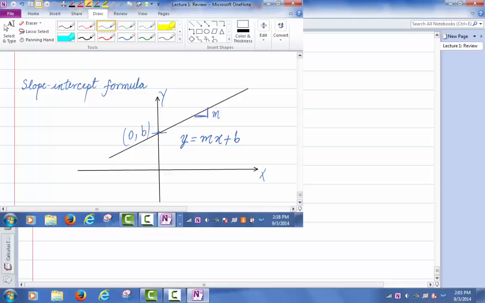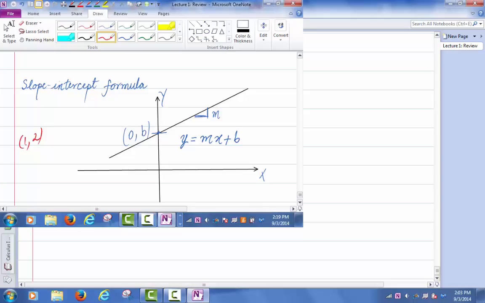No. So what I want to say is the following. First of all, whenever you have an equation, what does it mean to say that the point (1, 2) satisfies this equation? If I say the point (1, 2) satisfies the equation y = mx + b, what does it mean?